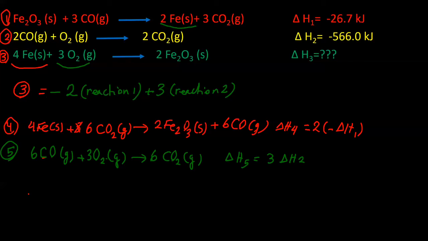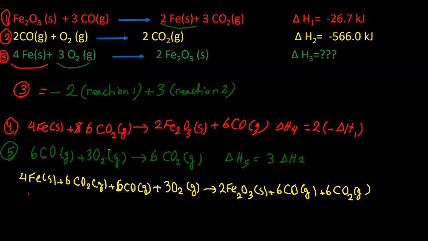And as you can see, this is reaction number 4. That is reaction number 1 times 2 and then reversed. And reaction number 5 is reaction number 2 multiplied by 3. And if I add these two reactions, I get reaction number 3. Let me do it now.